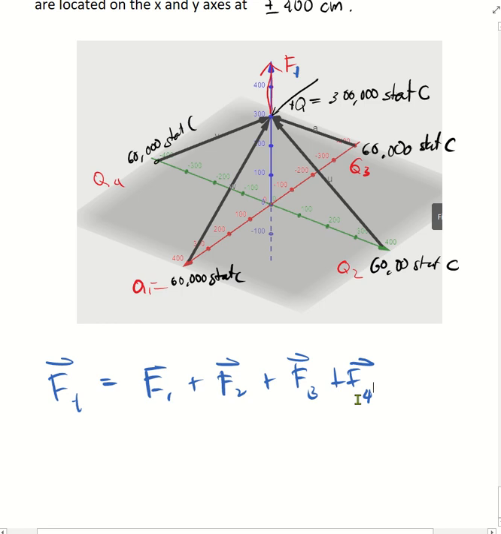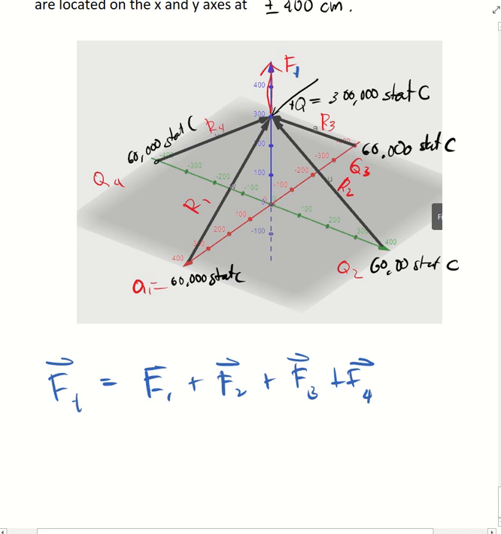So first, let us determine the displacement vectors one by one. So this is Q1, so let's call this one R1, and this will be R2, and this will be R3, and this will be R4.